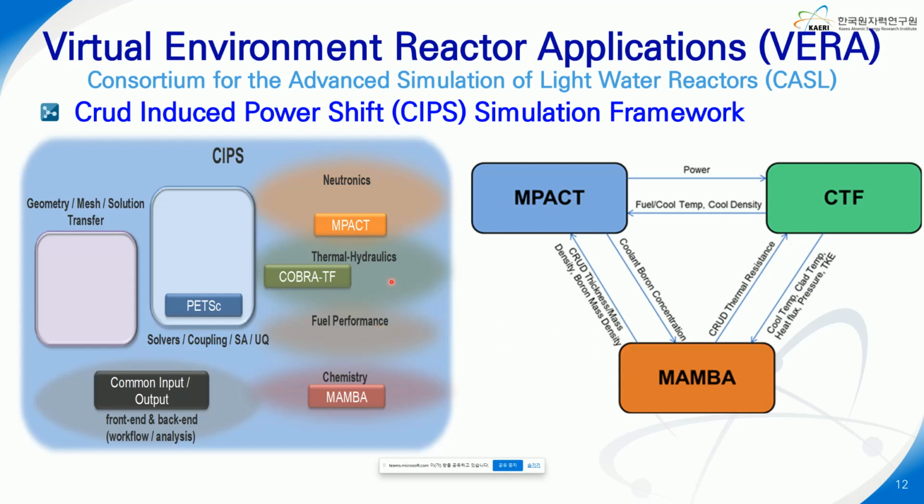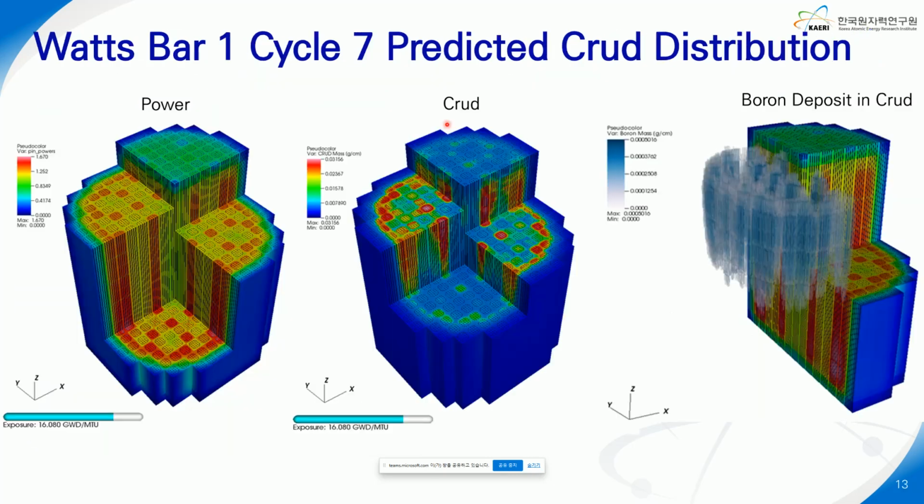VERA demonstrated impressive performance in the simulation of the so-called crud-induced power shift, or CIPS, which occurred in Watts Bar Unit 1 nuclear power plant. In cycle 7 of Watts Bar Unit 1, it was observed that the actual power distribution is bottom skewed.